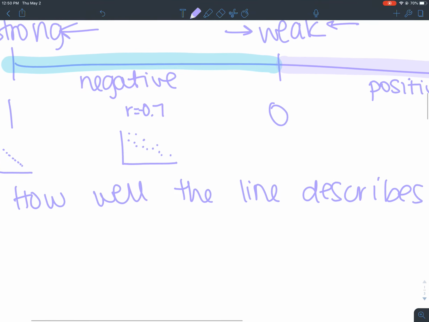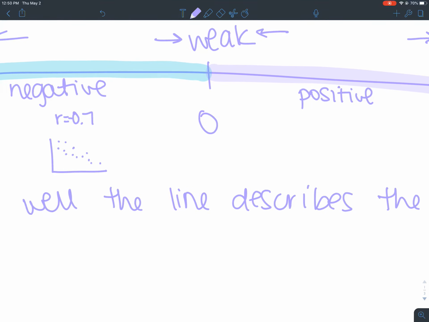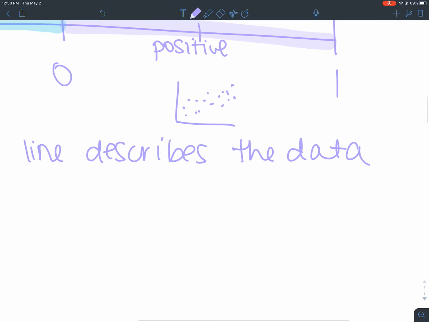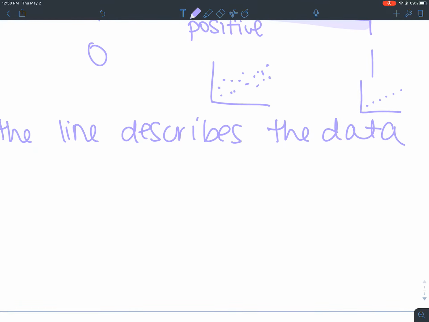It's pretty obvious what the trend is, but it's going down. And so for positive, we could do 0.5. Okay, they're pretty spread out, but you can see that they're still going up. And if something is a correlation coefficient of +1, then they are all in a straight line with a positive slope.